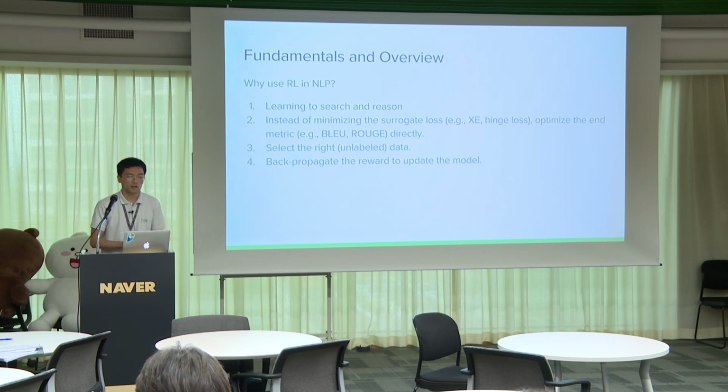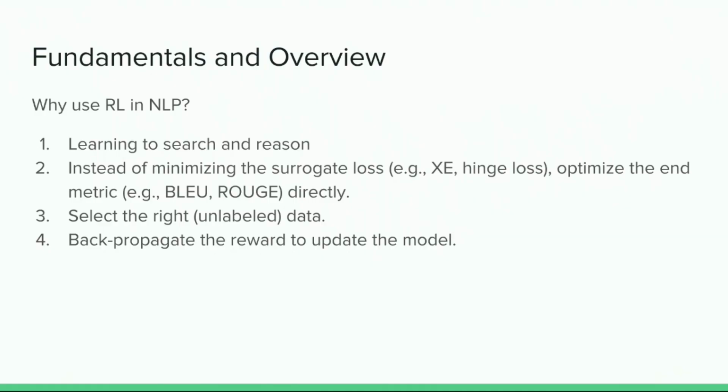First, why use RL in NLP? First, we can use RL to learn to search and reason, because RL is designed for search from some space, so it's suitable for the search and reasoning problem.